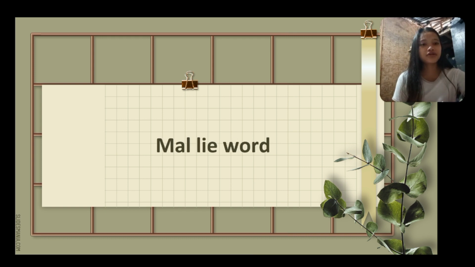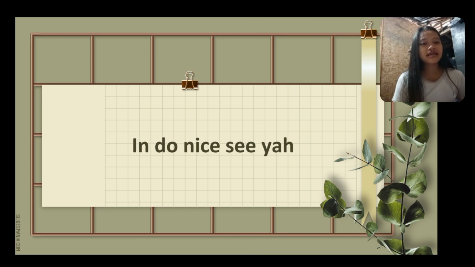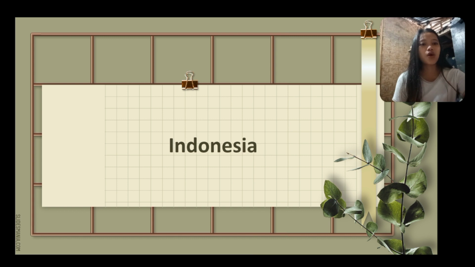Very good. Third is the Malay word. What will be the answer of that? The correct answer is Malay world. Next, Indonesia. What will be the answer of this? Indonesia. Very good.